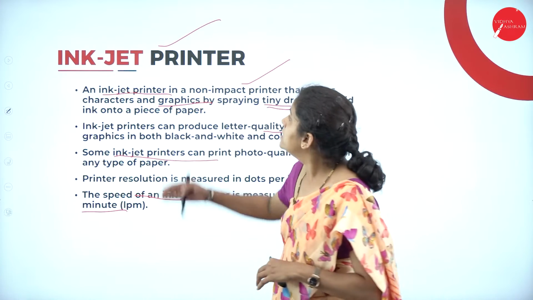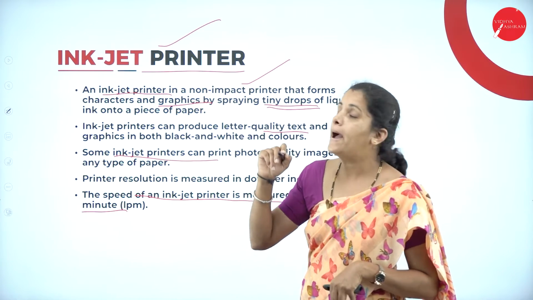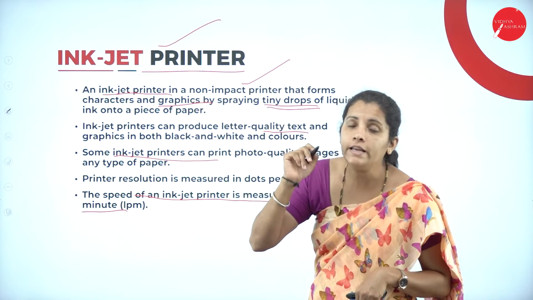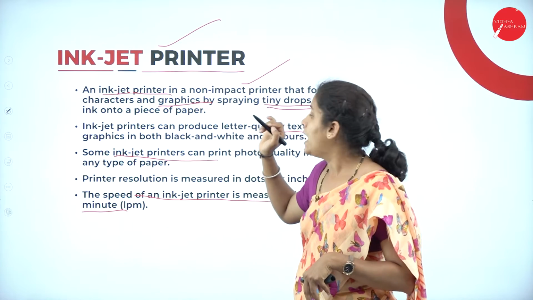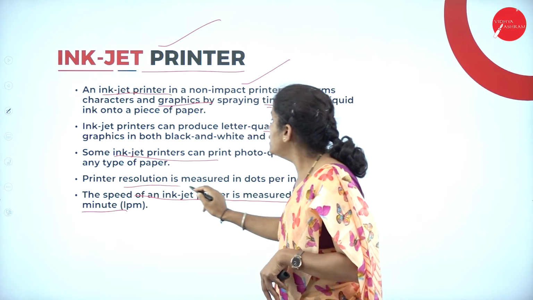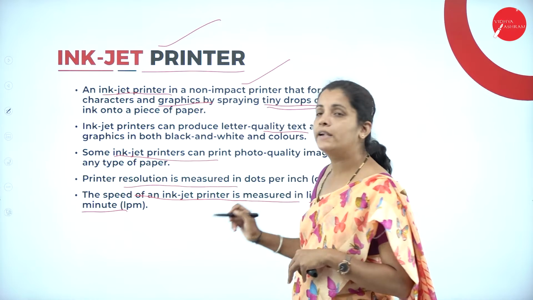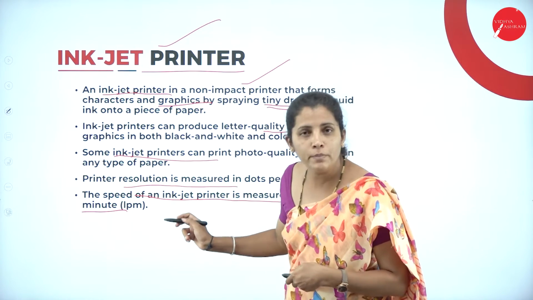Dear students, this inkjet printer is an example of a non-impact printer. By using tiny dots, it's possible to form a character, and the resolution is measured in dots per inch, and the speed is measured in lines per minute.